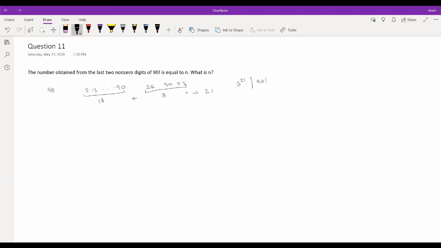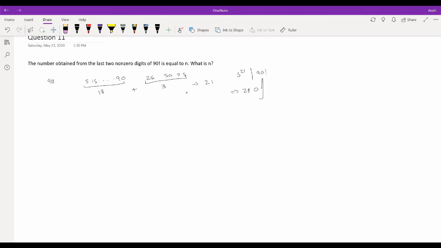So let's call n a variable n. Let n be 90 factorial divided by 10 to the 21. So we want to find n mod 100 because we want to find the last 2 non-zero digits.